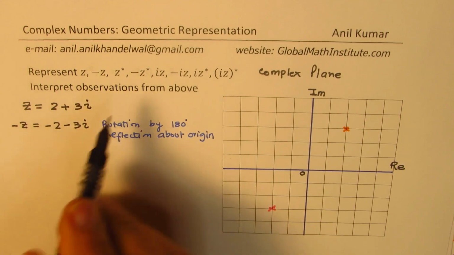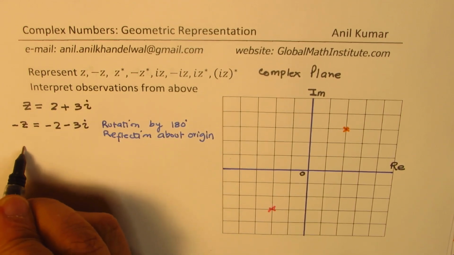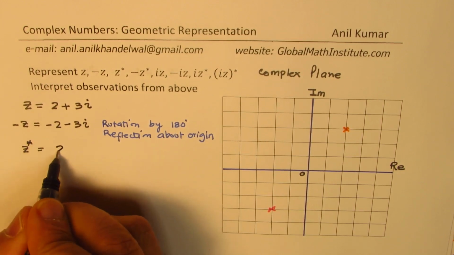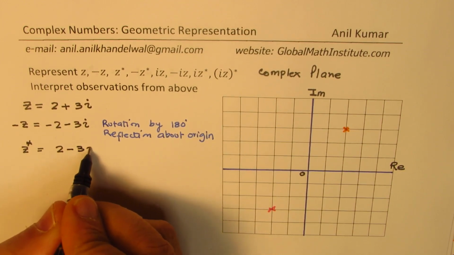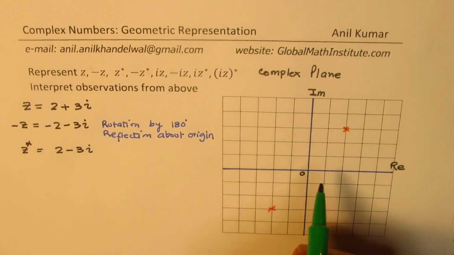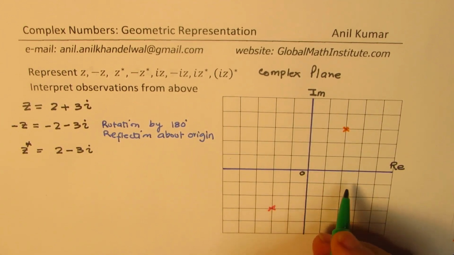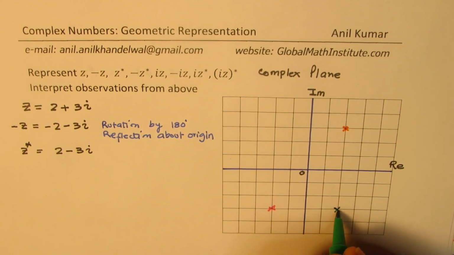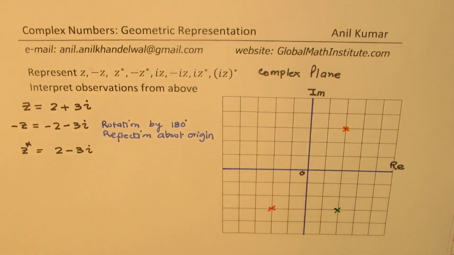Now let's talk about the conjugate. The conjugate of our complex number is 2 minus 3i, correct? 2 minus 3i means 2 and minus 3i means it will be positioned here. So that's the point which we are talking about. Now this means it is reflected on the real axis, right?